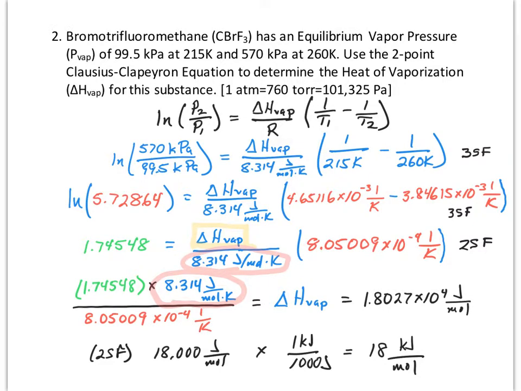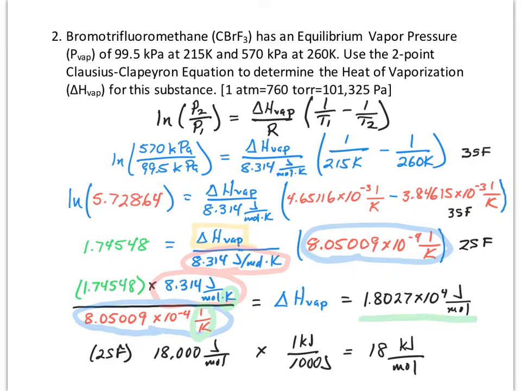It'll divide out and be 1. We have to divide both sides by this number, which puts that number in the denominator over here. If we do the math, right, note we have a 1 over Kelvin unit here, which cancels the Kelvin unit there, and you just end up with joules per mole. So when we do the math, you get 1.8027 times 10 to the 4th joules per mole.